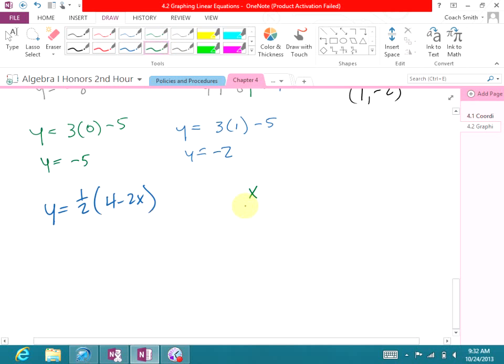So I'm going to do an x and a y. We're going to use -1, 0, and 1. Okay? Obviously, it's not a complete table. All right? It doesn't have the top and bottom numbers. I mean, the top and bottom bars and everything, but that's good enough.